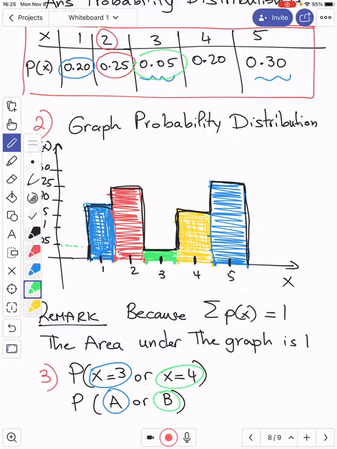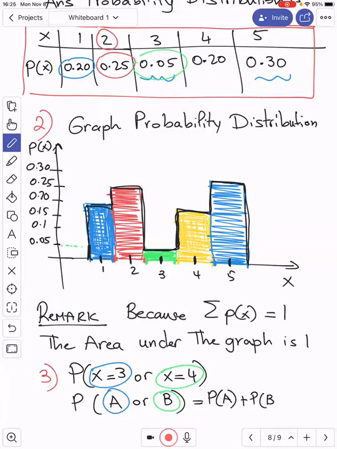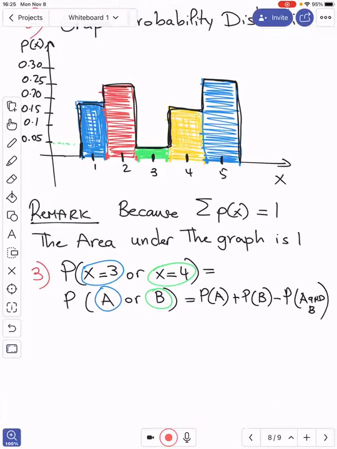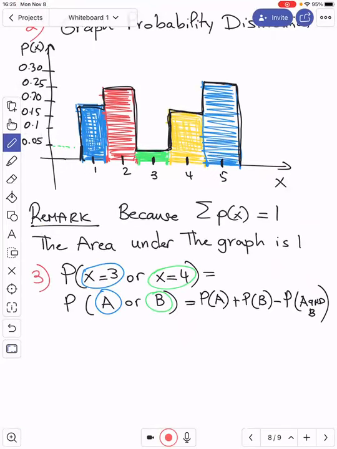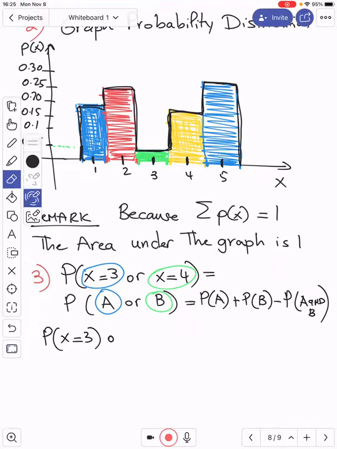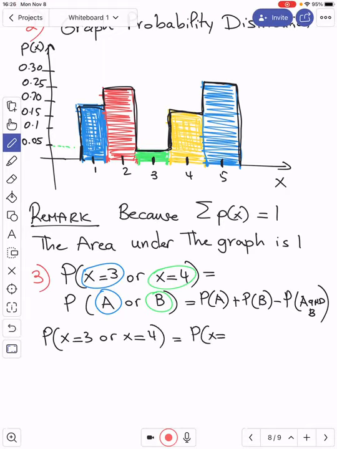All right, and remember, probability of A or B is probability of A plus probability of B minus probability of A and B. So the probability of X equal to 3 or X equal to 4 is the probability of X equal to 3 plus the probability of X equal to 4, minus the probability of A and B, which means X is equal to 3 and X equal to 4.